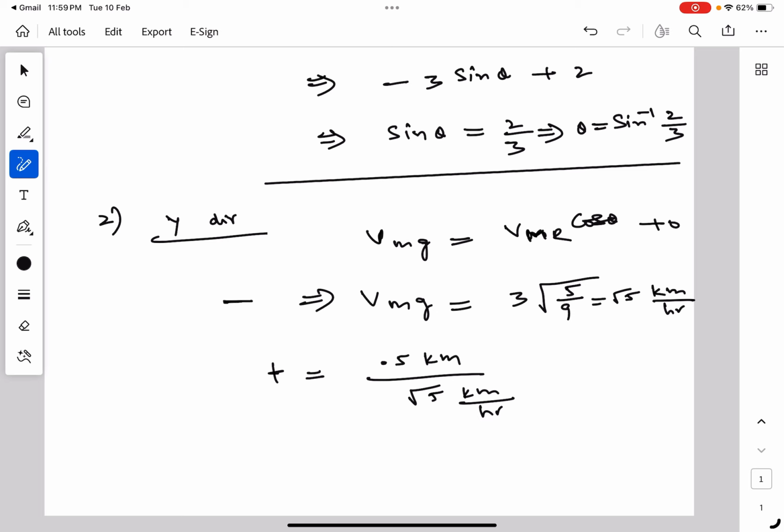This speed is in the direction of width of the river. So this is equal to 5 upon 10 root 5, and this is equal to root 5 upon 10 hours. Alright, thank you very much.